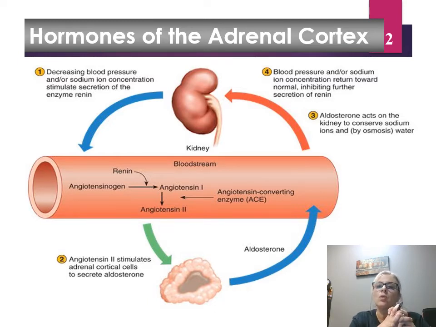So then blood pressure or sodium ion concentration can return towards normal, which inhibits further secretion of renin. So that sodium concentration is the reason why some people with high blood pressure have to watch how much sodium they eat. But this does not affect everyone with high blood pressure.